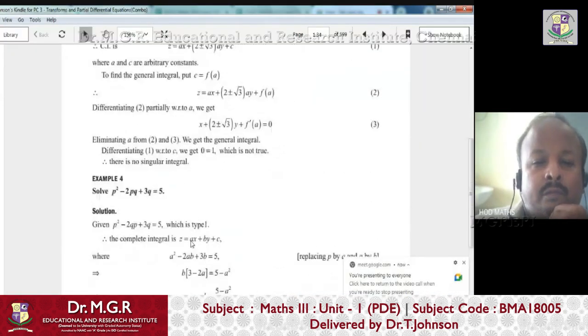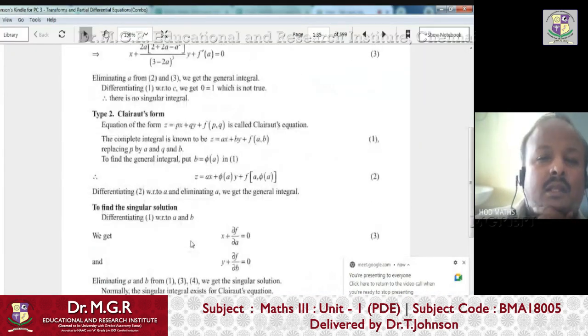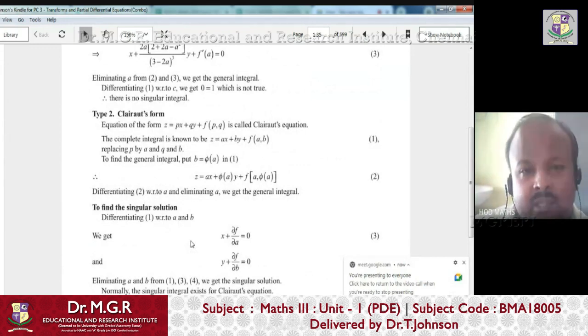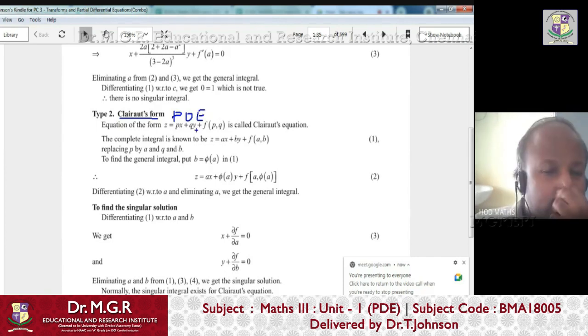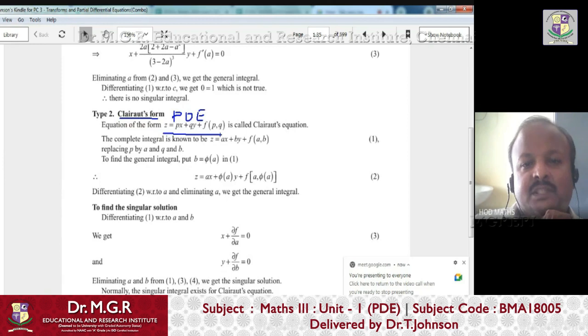So the type 2 format is an important format because it is known by a name. Type 2 PDE is called Clairaut's form PDE. From the examination point of view also, type 2 is very, very important. So a type 2 PDE is of the standard form z equals px plus qy plus some function of p and q.